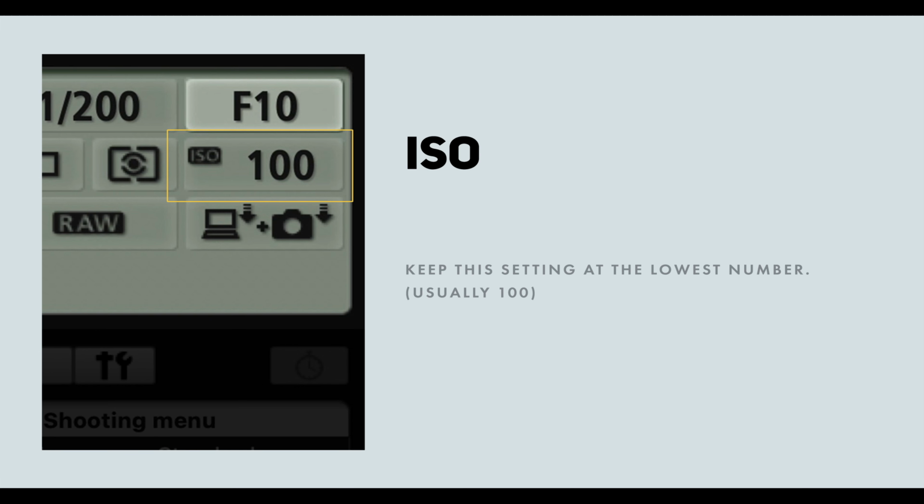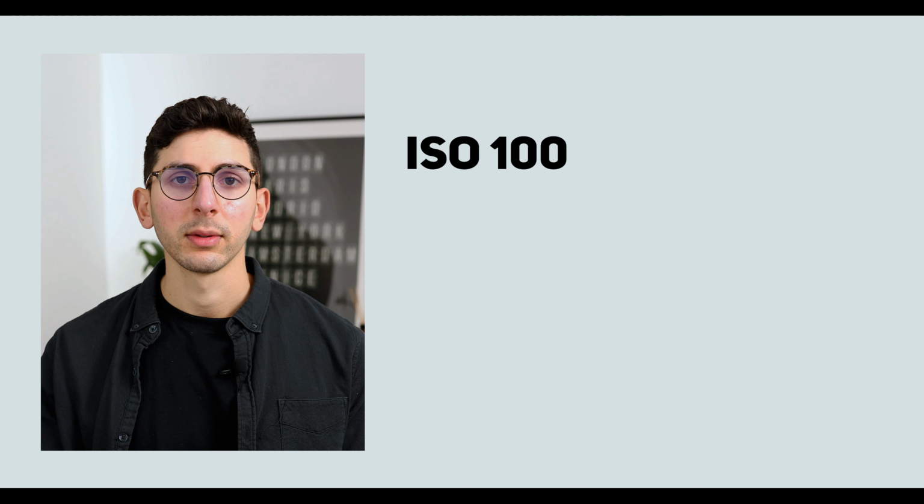ISO. In very basic terms, ISO is an in-camera setting that will add brightness to your image. So for example, if you were to take a photo of me right now, click, and you increase the ISO, you're going to put more brightness into that one photo. And these aren't from the external lights, these are in camera.